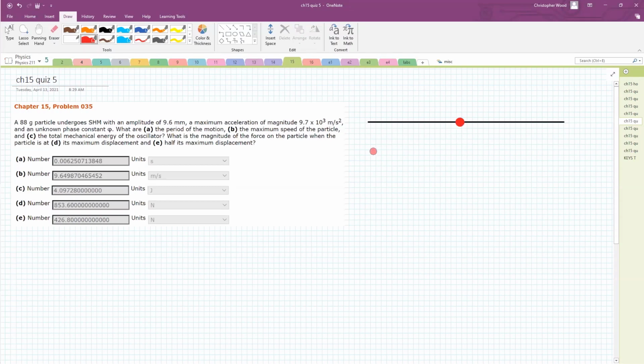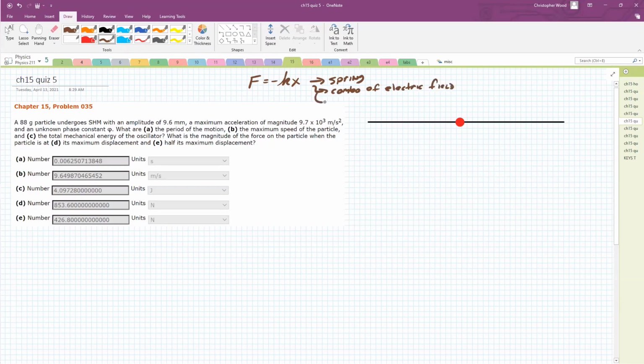There are many other kinds of forces. The only thing we care about is whatever force is acting on this particle. It has to be a restorative force that's linearly related to displacement. This could be from a spring, or it could be some combination of, for example, electric fields or something mechanical.